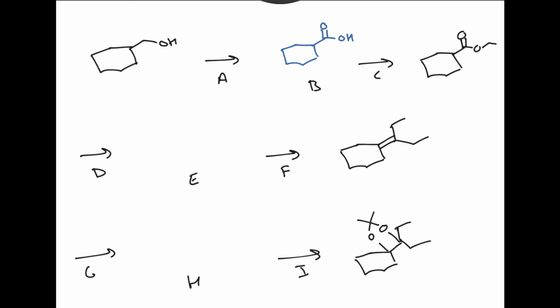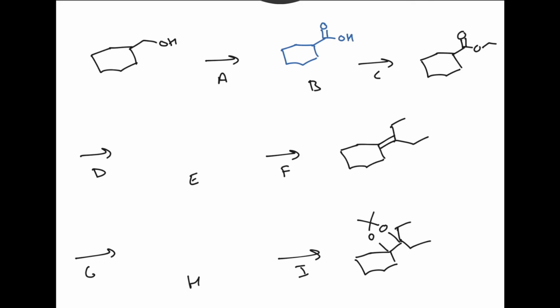How can I turn a primary alcohol into a carboxylic acid? We did this last time. I got the same response. 3 ways to do this.